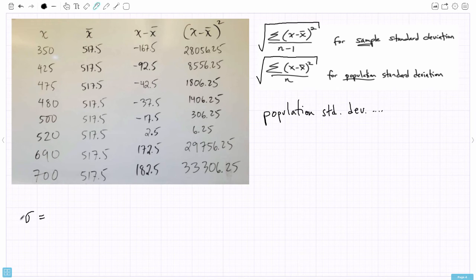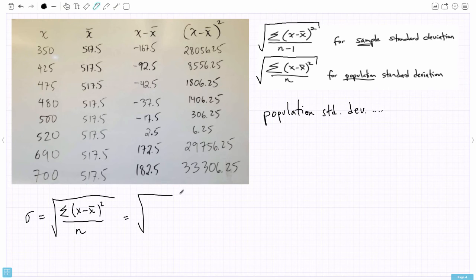So I'm going to use the same symbol, sigma, for standard deviation for both sample and population. Here in my notes I'm not going to use different symbols, but now for the population standard deviation, take a square root of the sum of these squared differences and divide by the total number of values.